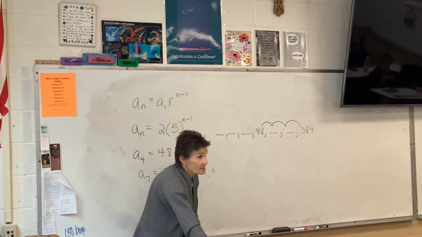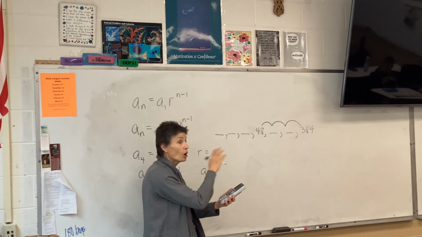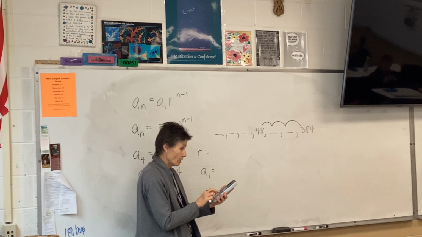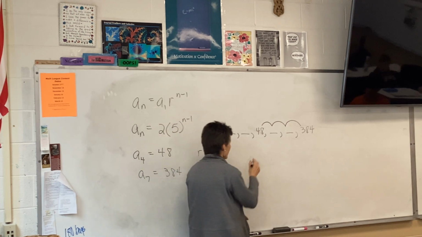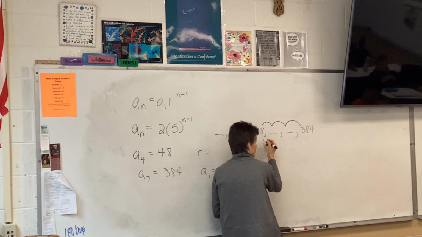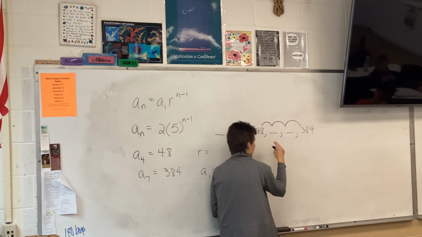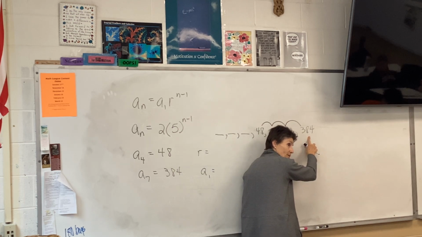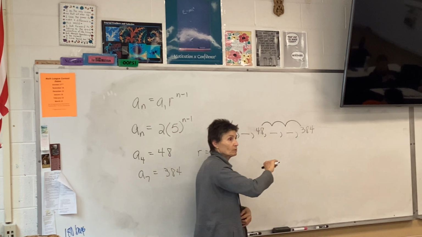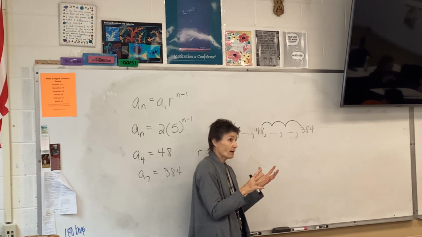Okay, let's do that first. That sounds like a good idea. So 384 divided by 48 is 8, okay? So I have to multiply by the same number 3 times to cover a total multiplication of 8, right?